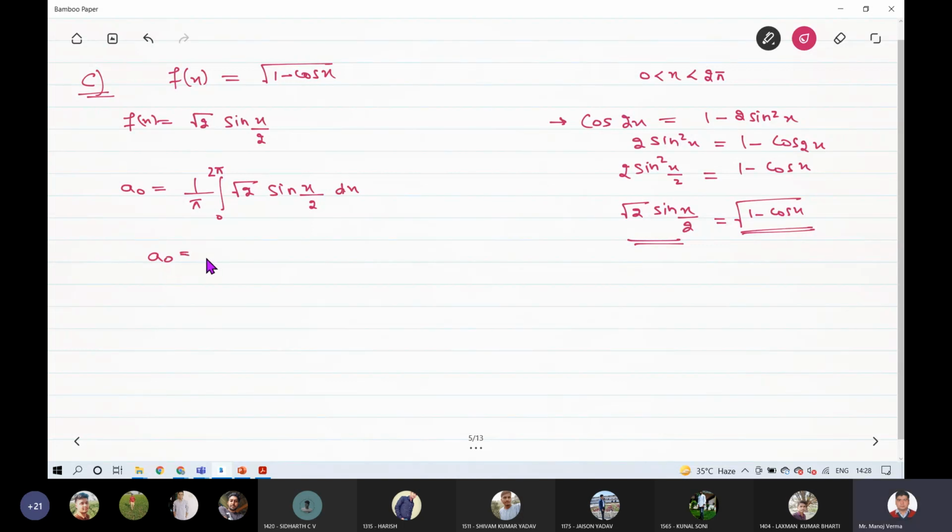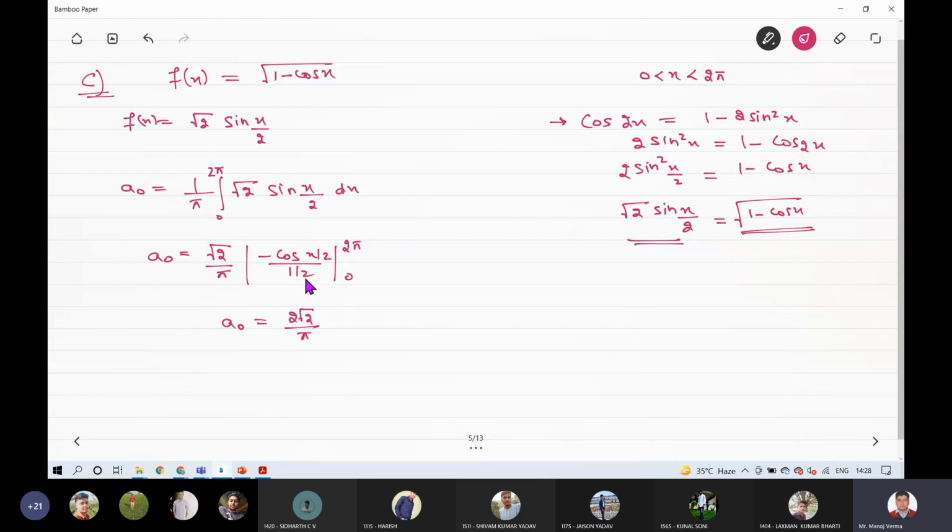This will be equal to root 2 over pi, minus cos x by 2 divided by 1 by 2, and the limits are 2 pi to 0. So this will become 2 root 2 over pi.